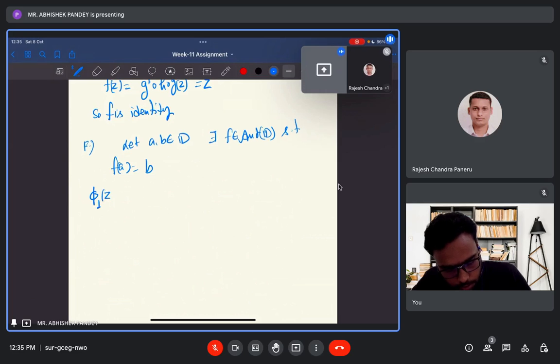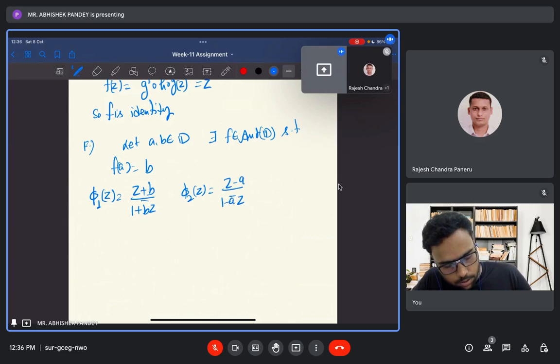phi 1 of z is z plus b upon 1 plus b bar z, and phi 2 of z is z minus a upon 1 minus a bar z. Now you define g of z as phi 1 composed with phi 2 of z.